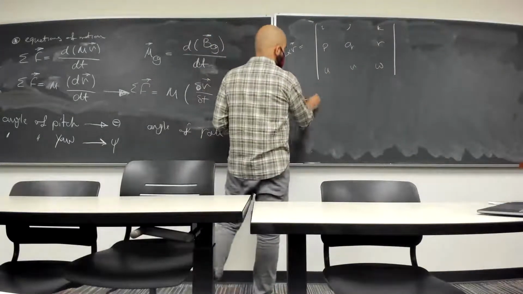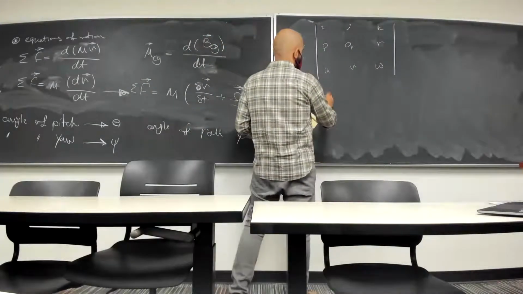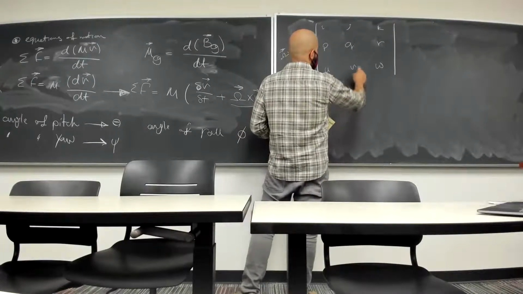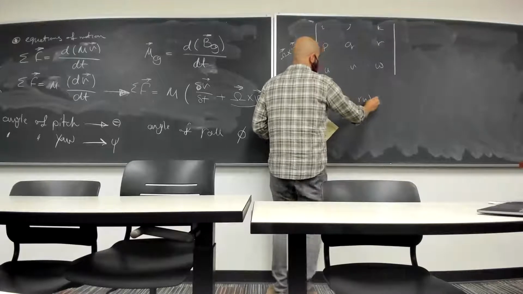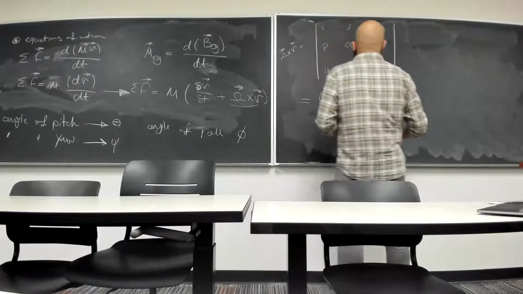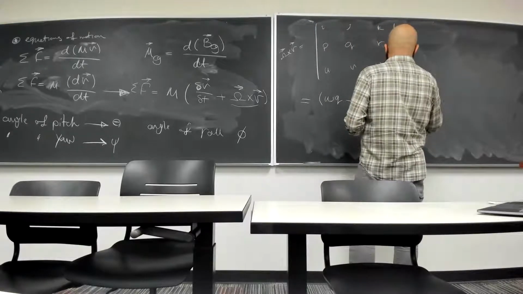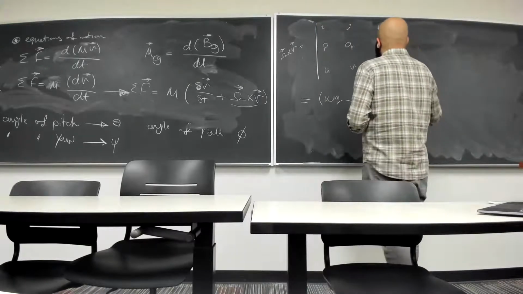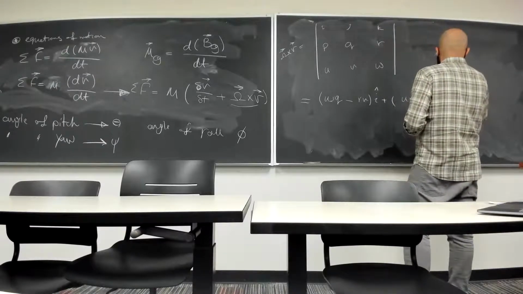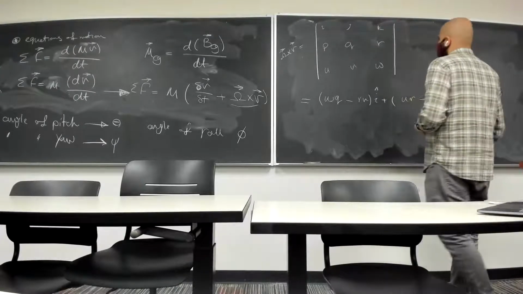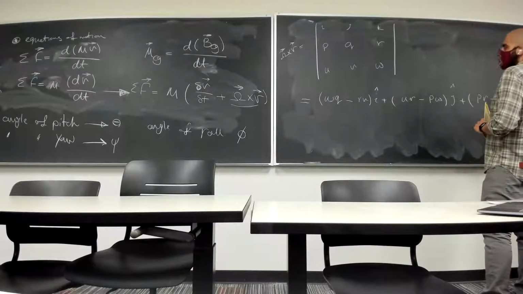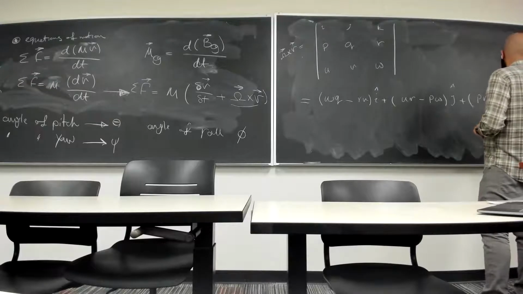The determinant of this matrix is going to be (wq minus rv) i plus (ur minus pw) j plus (pv minus uq) k.